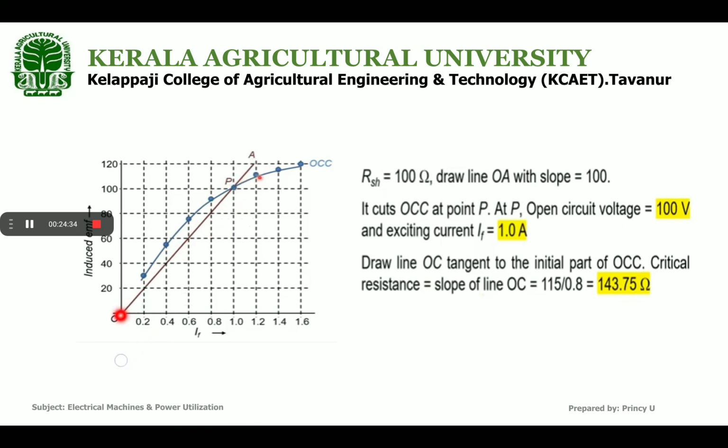So this OA line, your shunt field resistance line, cuts our OCC at a point P. At P, the open circuit voltage corresponding to this point is 100 volt and the field current corresponding to this point is 1 ampere. So that is your open circuit voltage, 100 volt, and field exciting current, 1 ampere. So you got that from the OCC curve.